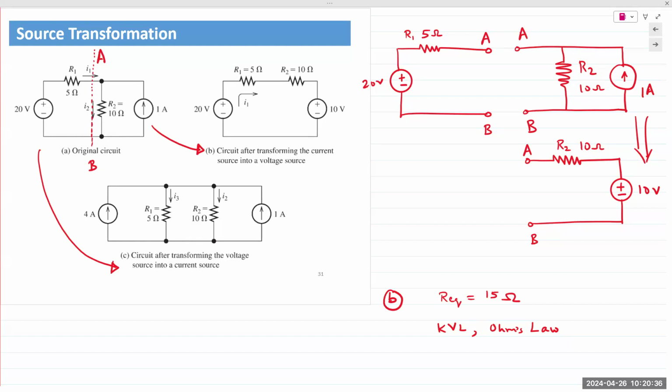On the other side, if we take the voltage source, we can transform it into a current source. The direction, of course, remains the same as the sign of that voltage source.